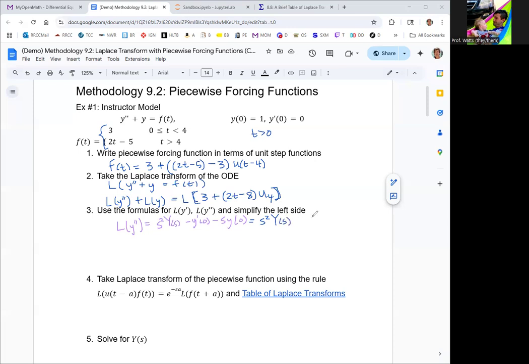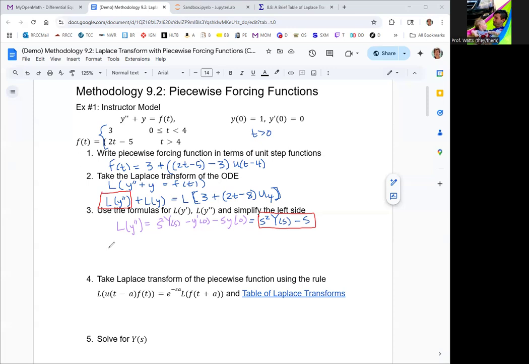I mean, that first term is always the same, but y prime of 0 is 0, so you get minus 0, which will drop, and then minus s times y of 0, where y of 0 is 1, so we get minus s. So this s squared times big Y of s minus s will be substituted in for the Laplace transform of y double prime.